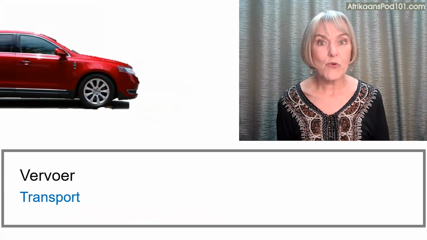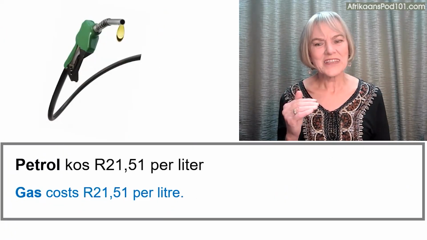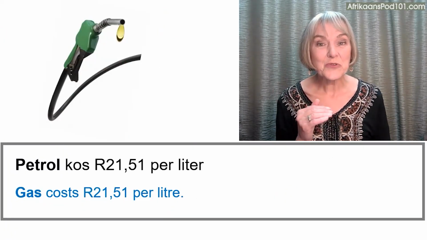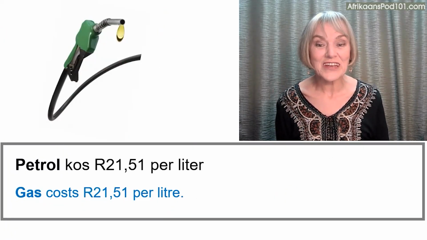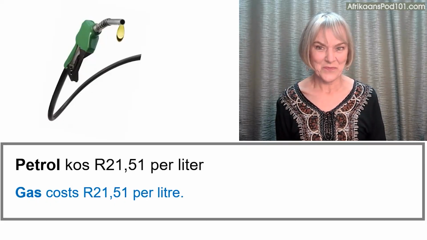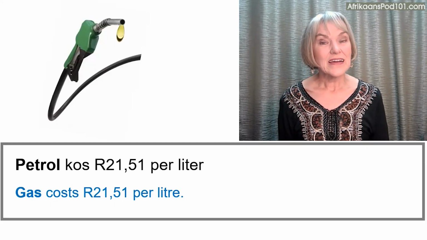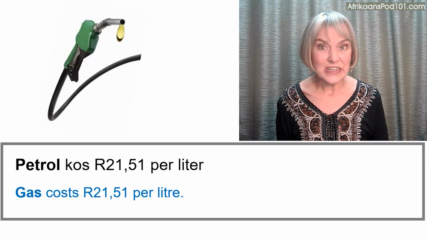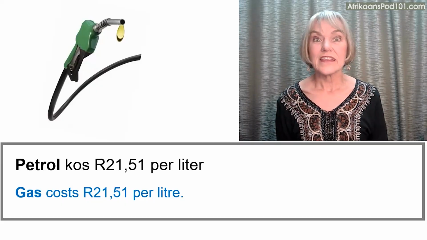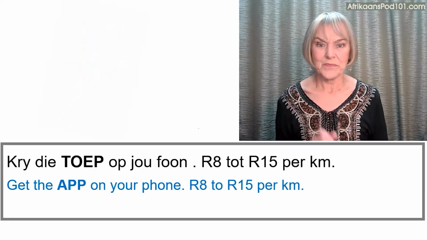Vervoer. You've got to get around, right? When you come here, you have to get around. So you can hire a car. If you do, petrol kos R21.51 per liter. Maar as jy nie wil bestuur nie, if you don't want to drive, is a very simple option.